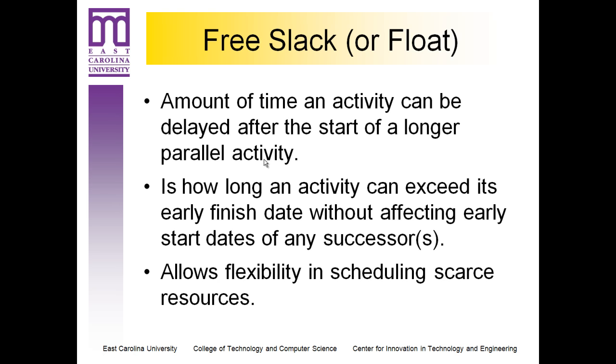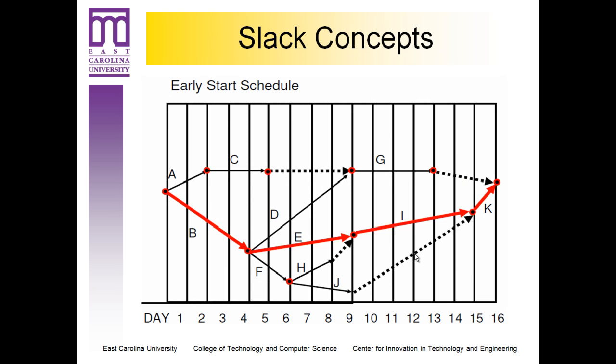It's also how long an activity can exceed an early finish date without affecting the early start date of any successor activity, and we're going to demonstrate this in a moment. What we do with free slack is use it to adjust our project in POM Part 2, where we have to move some resources around to level. But first we need to understand the difference between free slack and total slack.